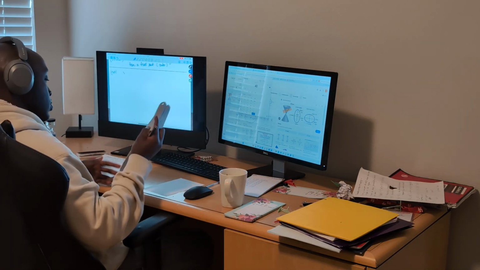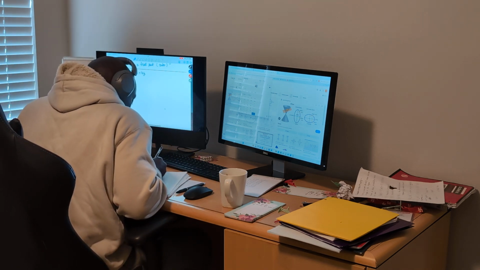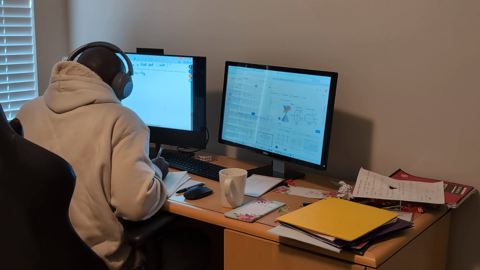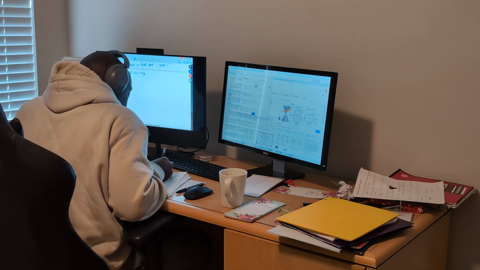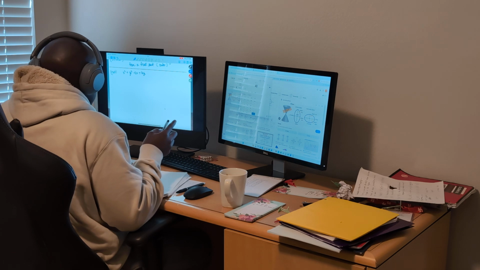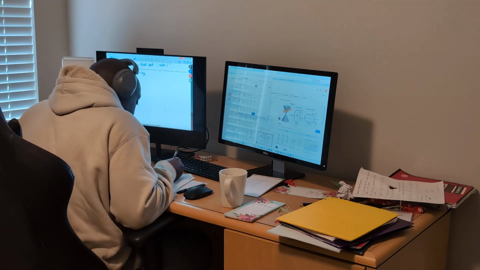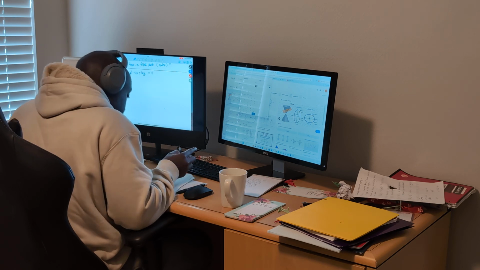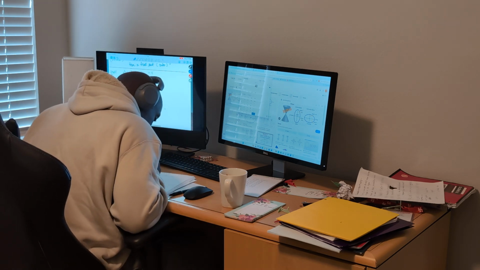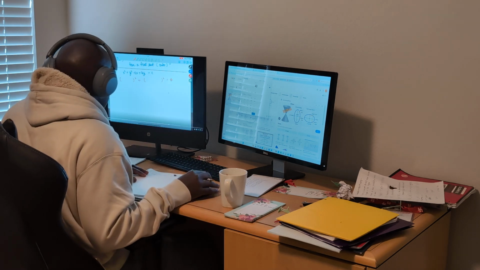Example 4: suppose I have x squared plus y squared minus 10x plus 16y, and let's just say that that is equal to 11. Now, that by no means is written in the form we wanted. We want a group of x's squared plus a group of y's squared equals some number. That's our goal.